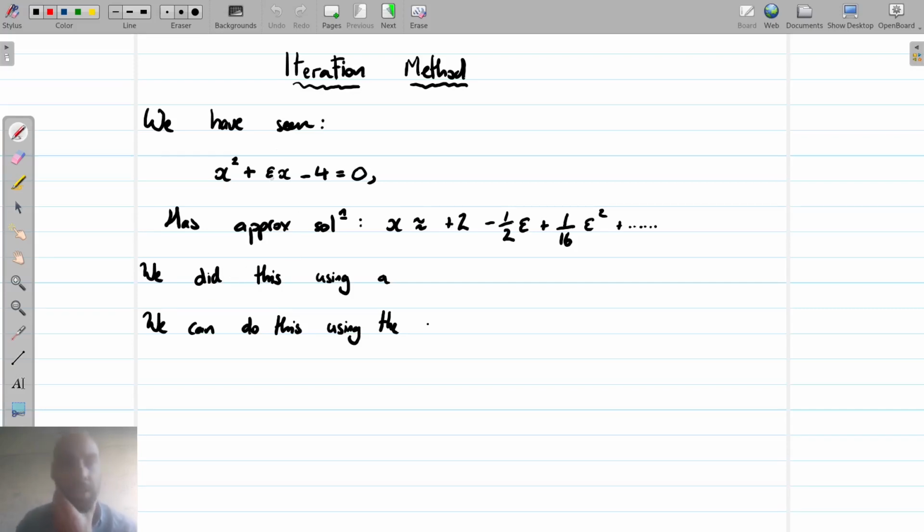So previously in the lectures we had an equation like this, a quadratic, and then we used x as x0 plus x1 epsilon plus x2 epsilon squared, and we did a load of mathematics and we ended up with this as our approximate answer, right? So that was using a regular perturbation expansion.